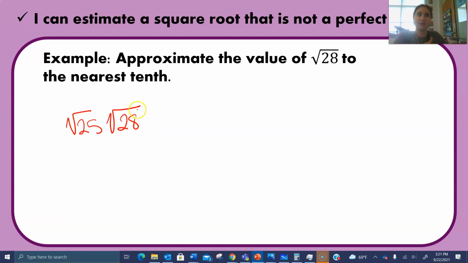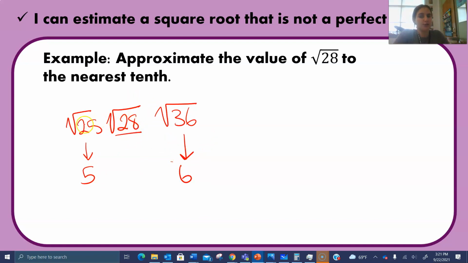And after 25 is 6 times 6, and 6 times 6 is 36, so the square root of 36. So 28 is between 25 and 36. The square root of 25 is 5, and the square root of 36 is 6. So this one is going to be somewhere in between 5 and 6.